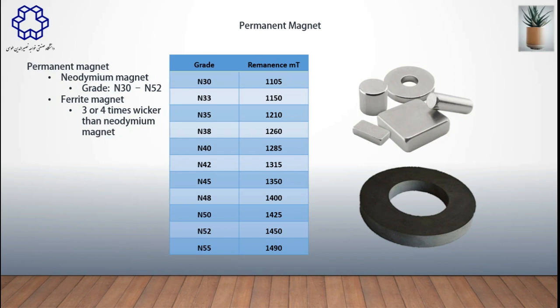It's good to use N45 or N40 for this project, or you can use the ferrite magnet. It's 3 or 4 times weaker than neodymium magnet. We should use a huge permanent magnet for this project.